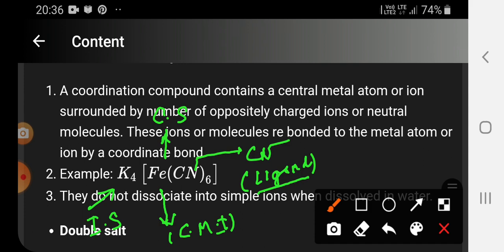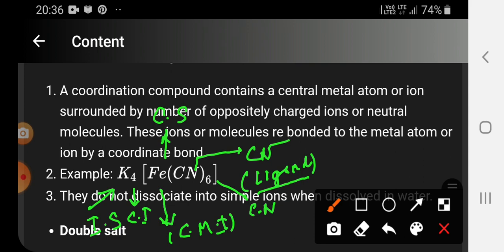And how many potassium ions are present in the ionization sphere? 4. So this 4 will be the counter ion. And how many ligands are attached to the central metal atom or ion? That is 6. It gives the idea about coordination number.